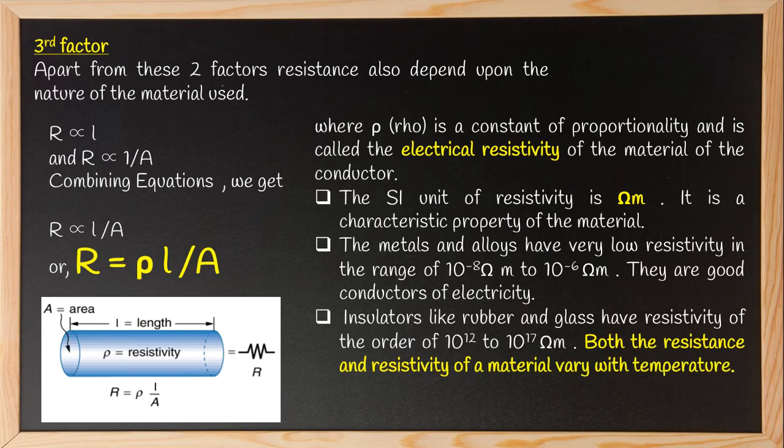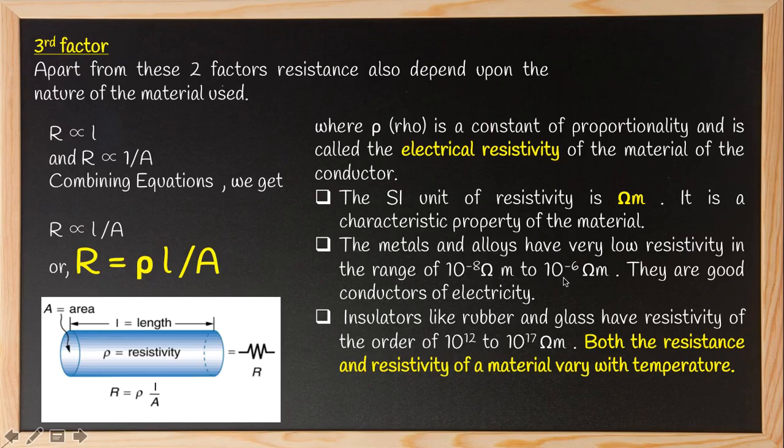Now if we observe these quantities, we can see the SI unit of resistivity, rho, is ohm meter and it is a characteristic property of the material. Metals and alloys usually have low resistivity, and low resistivity means high conductivity. Since metals and alloys have low resistivity, they conduct well, and their resistivity range is 10 to the power of minus 8 ohm meter to 10 to the power of minus 6 ohm meter.